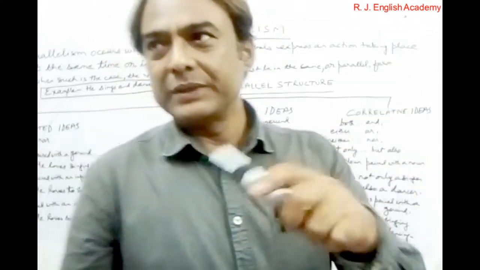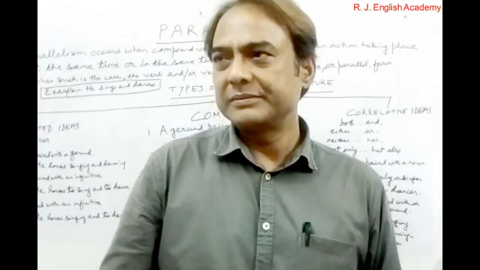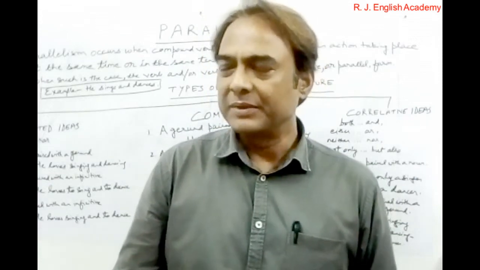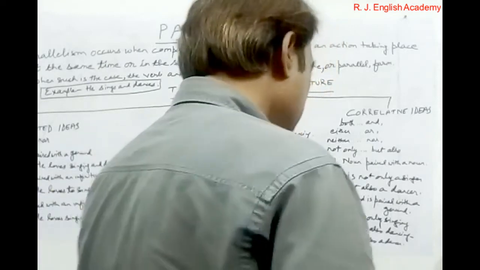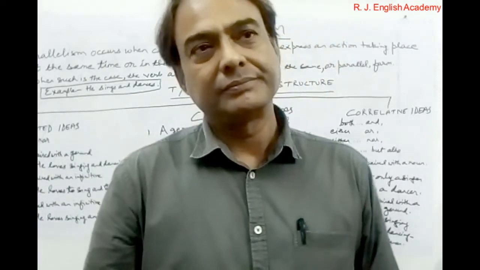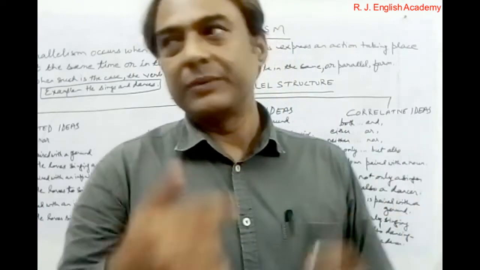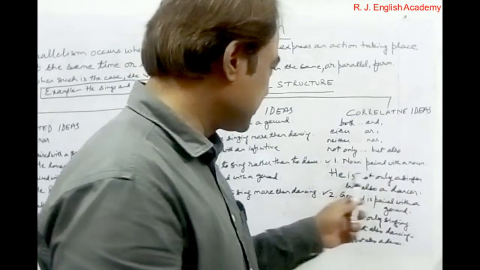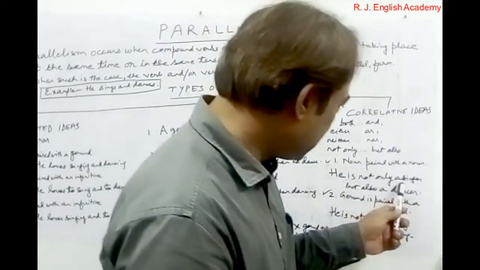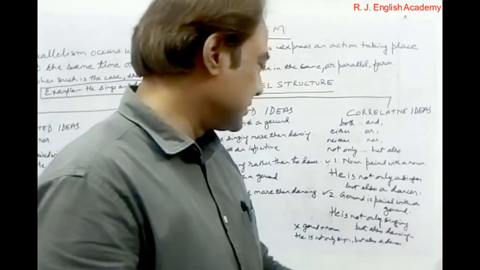Here we pair a noun with a noun. In a correlative idea for parallelism, we pair a noun with a noun or a gerund with a gerund. We don't pair a gerund with a noun or a noun with a gerund. A noun paired with a noun, an example is: he is not only a singer but also a dancer.